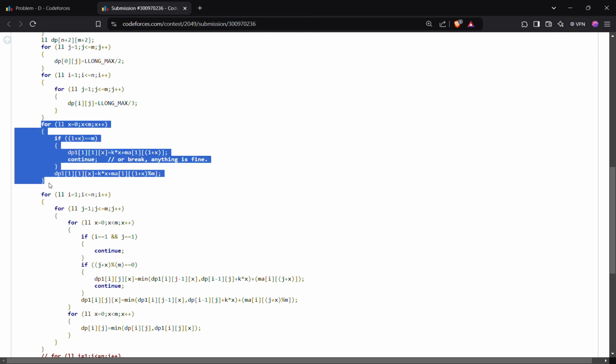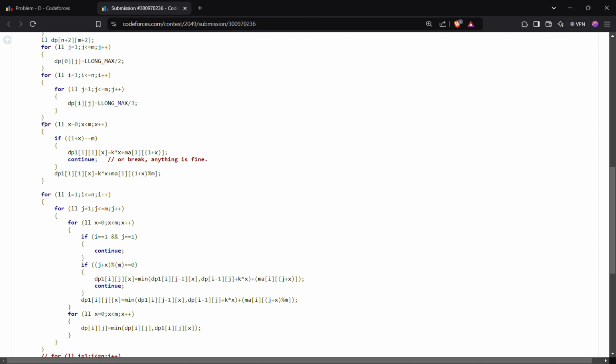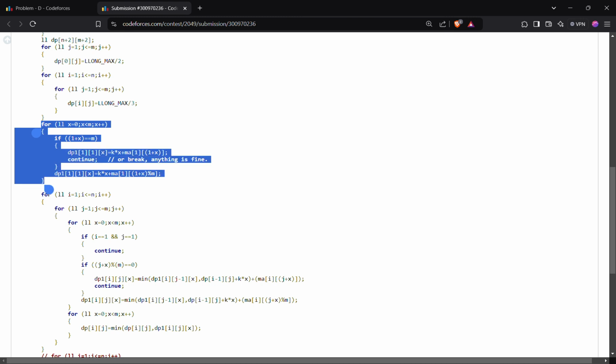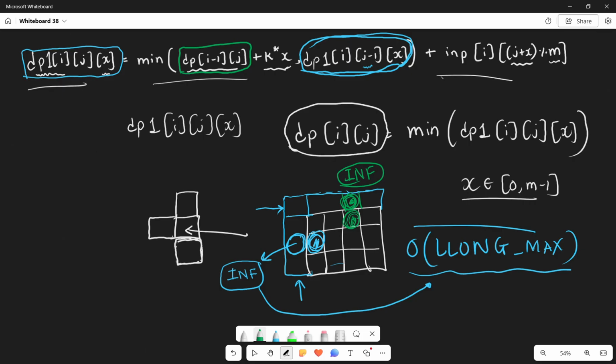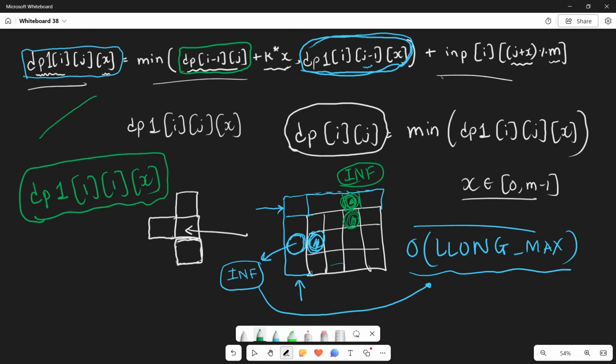This is one of the most important parts of the solution. This for loop is designed to explicitly calculate the dp1 values of cell 1, 1, x. If you try to calculate it normally, then this value is also infinity.